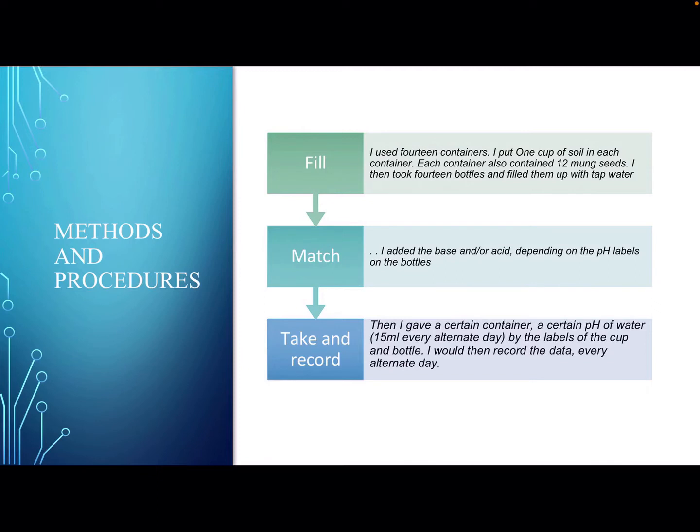For example, the first bottle will have the pH number 1. I will then use an API pH converter to convert the pH of that water, which has a 7 pH, into a pH of 1, which is very acidic.